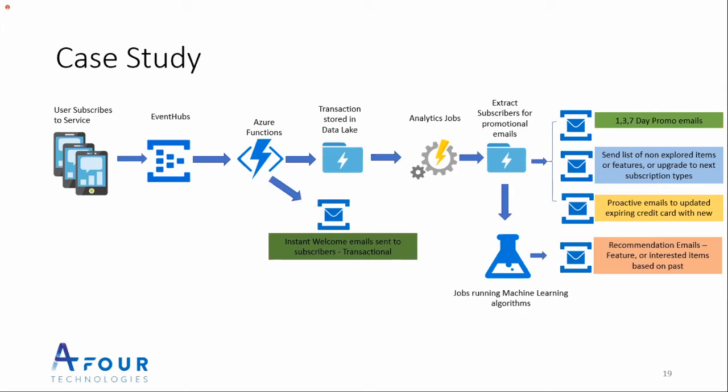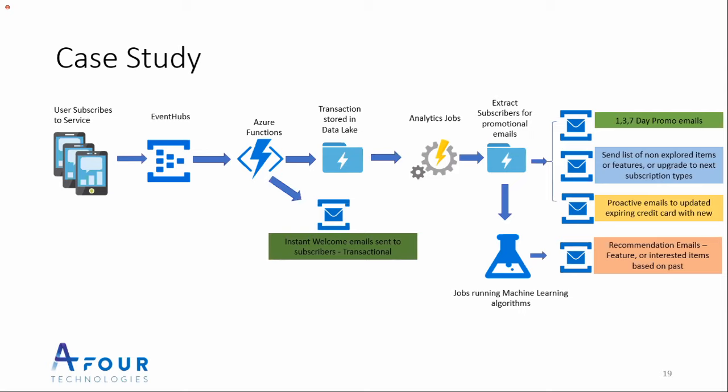So you can understand that you need to run these jobs daily in order to extract this data, because if you have a million users, you can't send these promotional emails to all million users. You want to reduce the set so that they fall under the same bucket, that these are the users who are one day old, or 3 day old, or 7 day old, right? And there is an interesting fact also one can consider while creating this list.